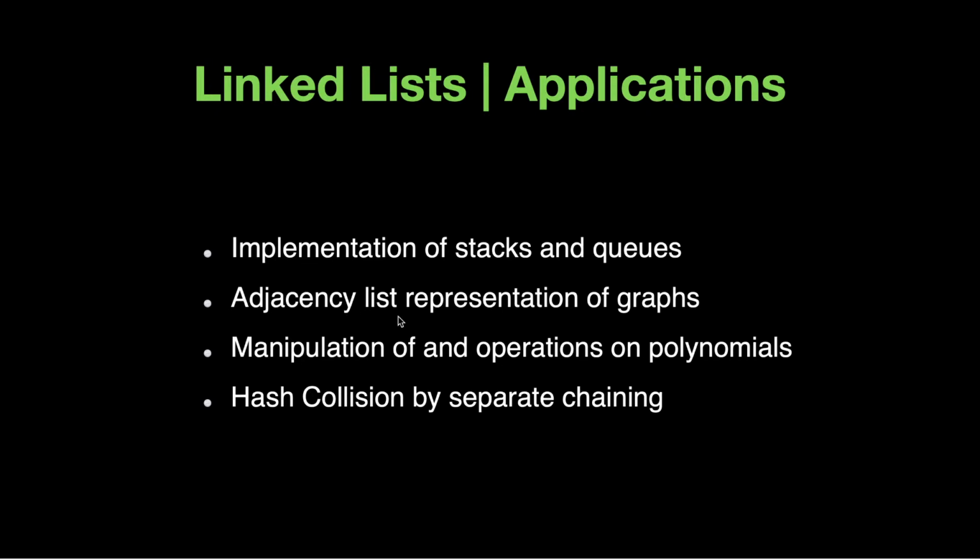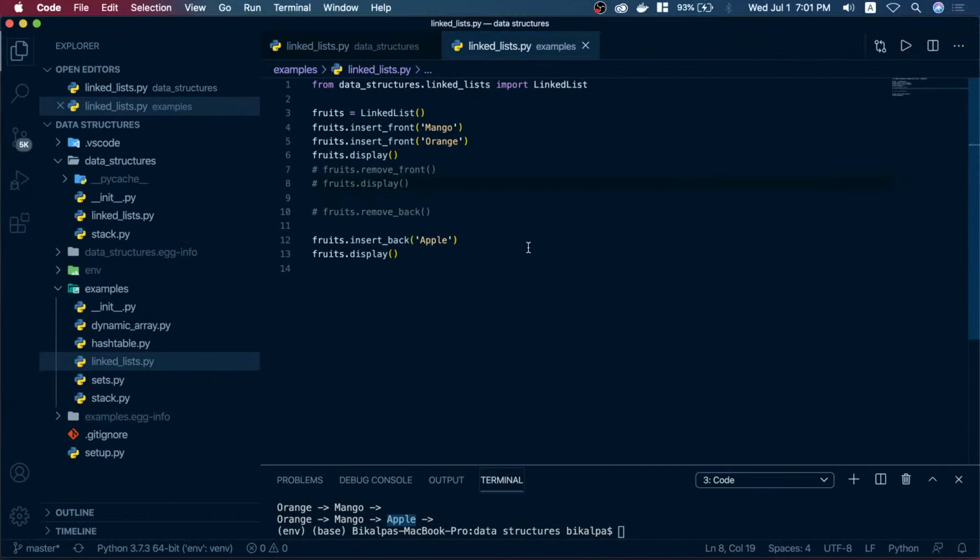They are also used in representing the adjacency list of graphs, manipulation and operations of polynomials, and hash collision resolution by separate chaining, which we had discussed earlier. What is hash collision? I had said that there are two methods for resolving it: one is separate chaining, one is probing, and while using separate chaining, we will use linked list.